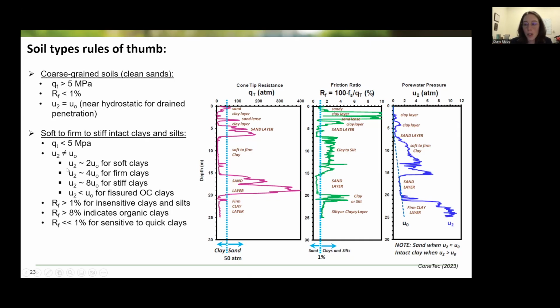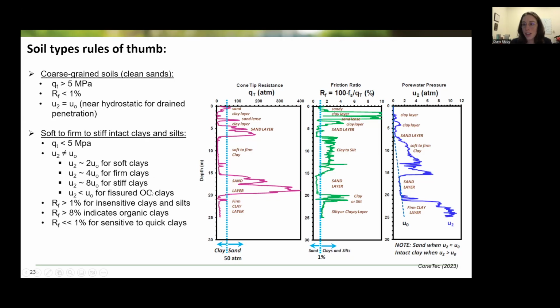So we measure U2 pore water pressures that are not equal to the static pore water pressure. And how much larger or less than the static pore water pressure they are is an indication of the consistency of the clay, where soft clays tend to have a U2 pore water pressure about 2 times the static pore water pressure, up to stiff clays where it's about 8 times.